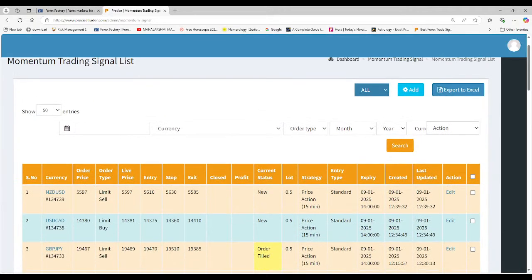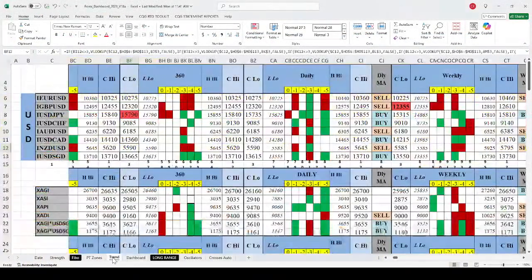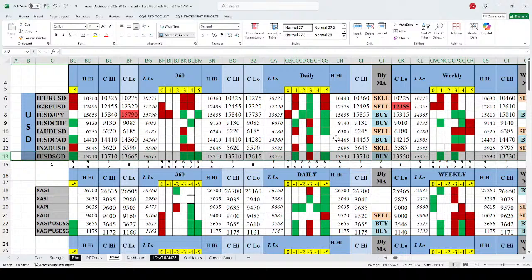Okay, next let's move on to our next cross. The next cross we are looking at is dollar Sing. The trend is flat with an upside bias on the 6 hours, daily flat with an upside bias, weekly flat with an upside bias, which means we go for a cautious buy if you're trading within the range, or buy and hold if we expect the high to break.